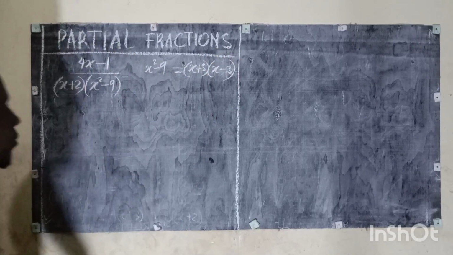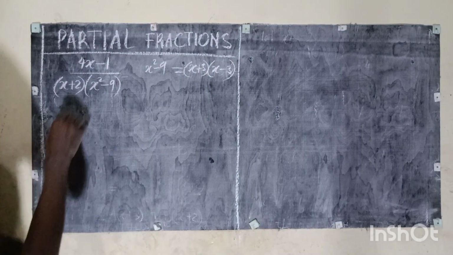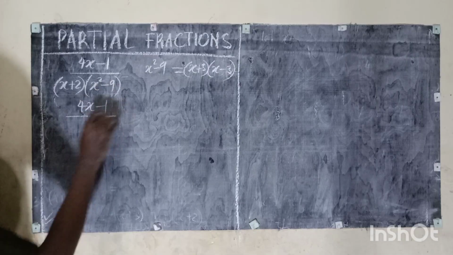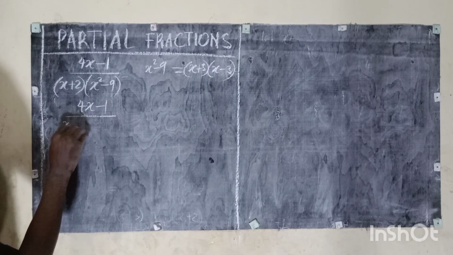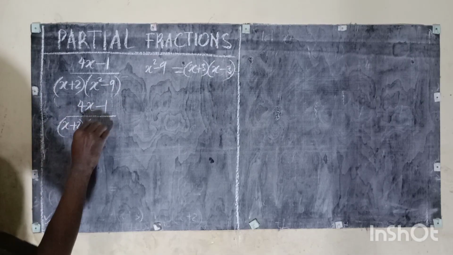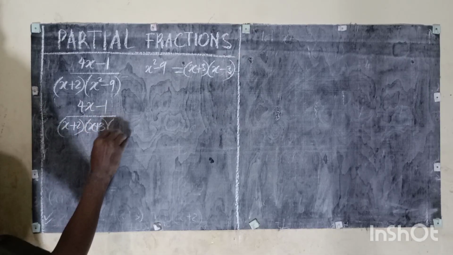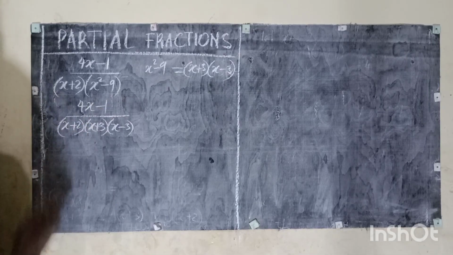It is the difference of two squares. So this shall become (4x - 1) over (x + 2)(x + 3)(x - 3).